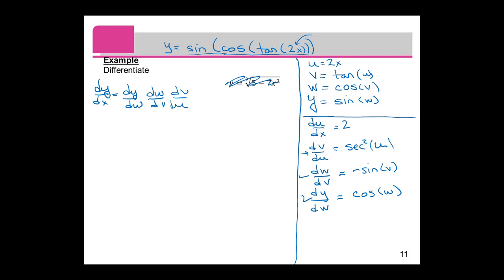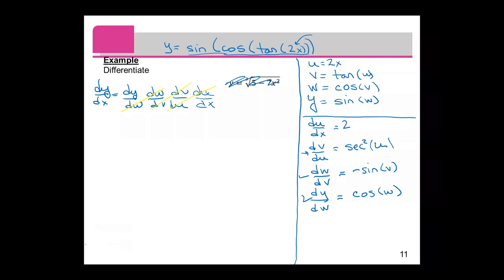And then that would give me dy du. So I'm going to multiply that by du dx. And now if I look at it as fractions, I can say, well, the dw's cancel, the dv's cancel, the du's cancel. And notice, look, I have dy dx, which is what I want to find. Is everybody still with me?